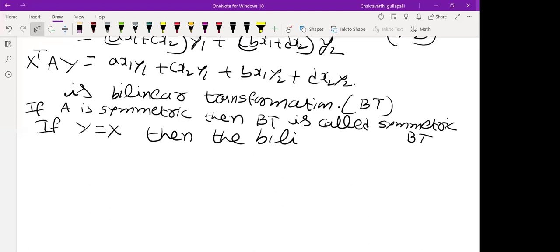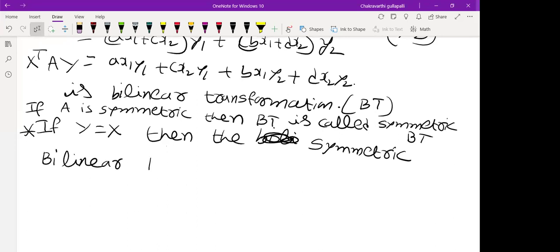Now, in this, if y is equal to x, then the symmetric bilinear transformation is called a quadratic form.